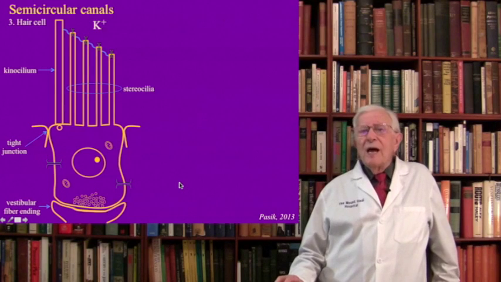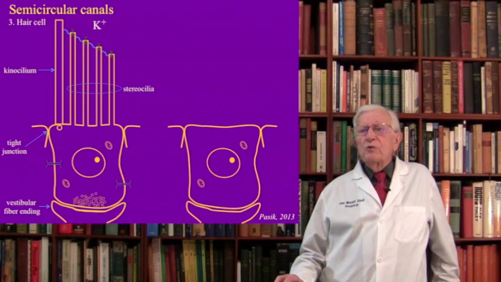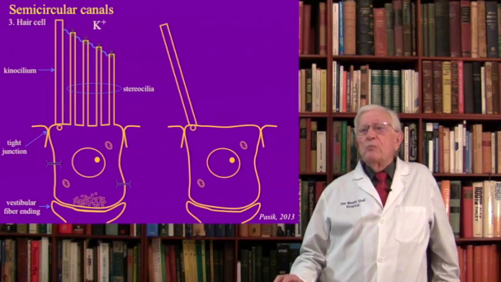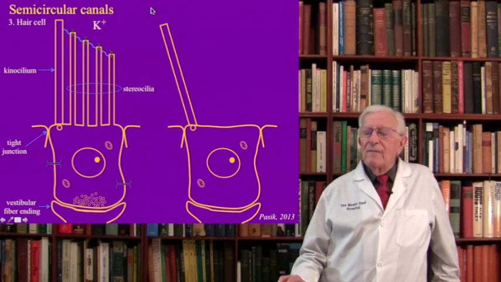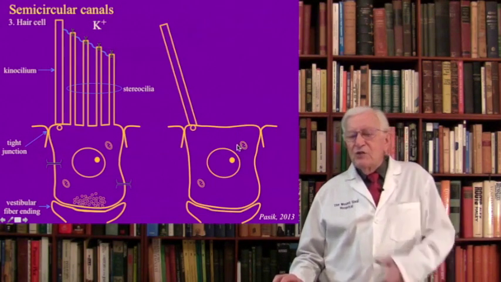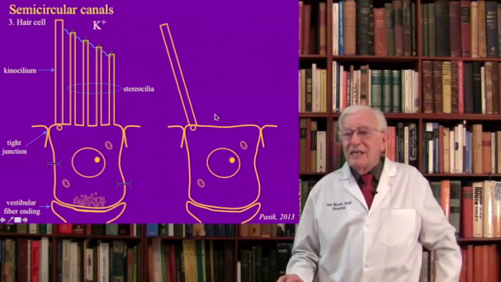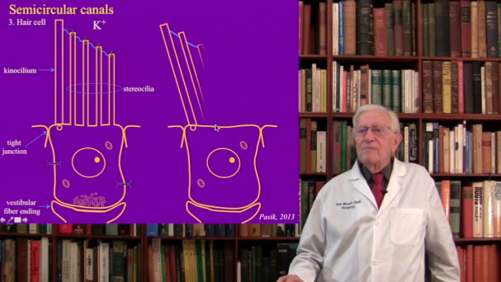Now, let's see what happens when the head moves, all right? Let's say you turn your head. When the head moves, what's going to happen is that the kinocilium will bend in a particular direction, all right? And we'll see the meaning of that. But when the kinocilium bends, it stretches and pulls with it the stereocilia.